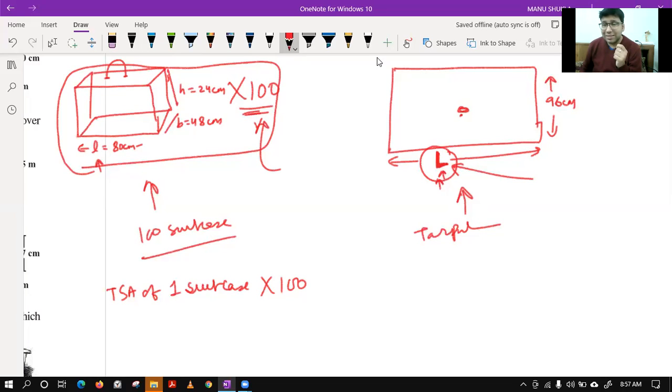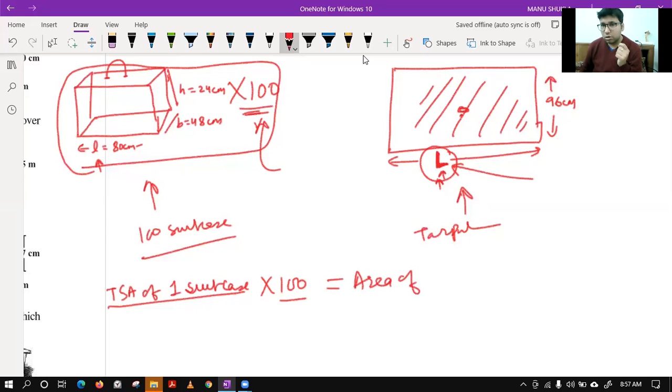Okay, so the statement goes like this. TSA of one suitcase multiplied with 100 is equal to, this is a rectangle, area of tarpaulin cloth. This I have done because I'm not sure of the spelling, maybe I do a wrong one. That's why I've written like this. You can correct it.